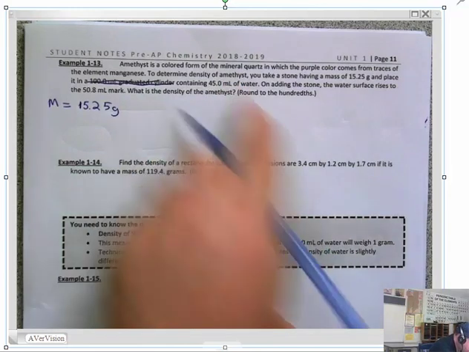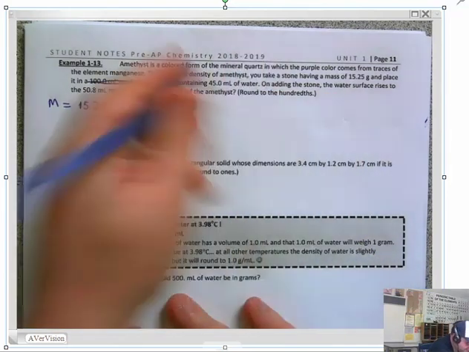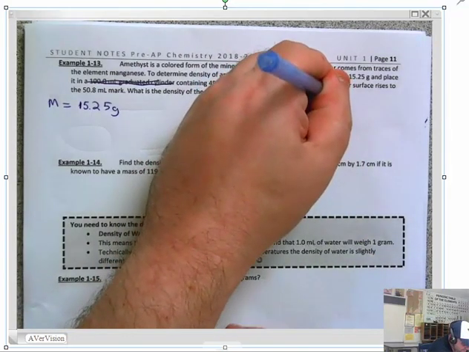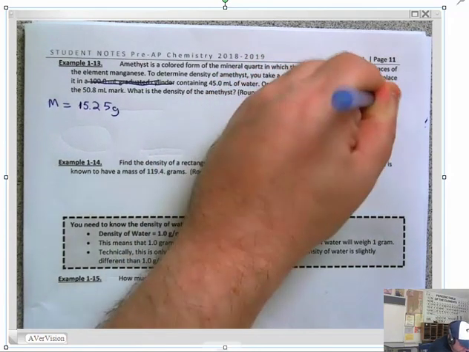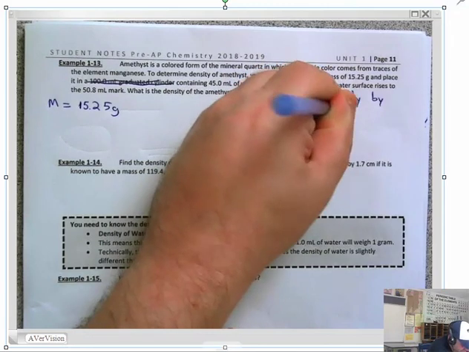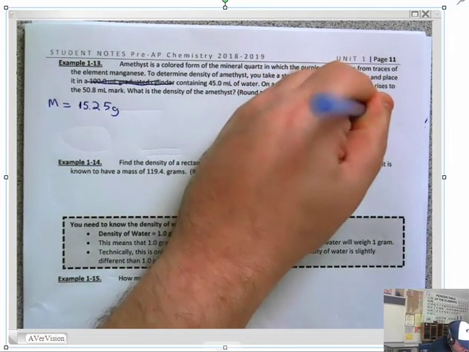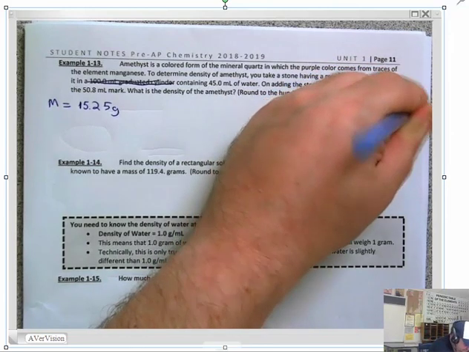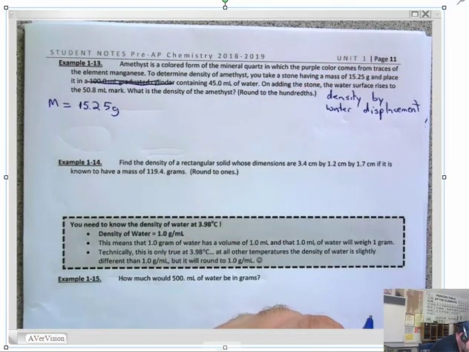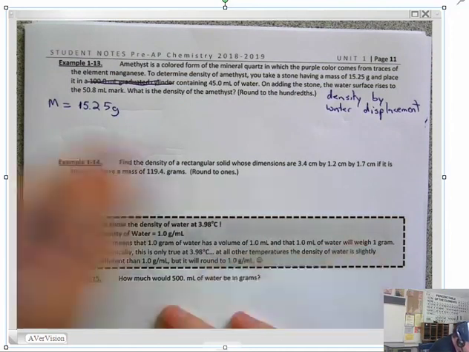Well, that's the water. After adding the stone, because this is density by displacement. By water displacement, nonetheless. The volume raises to the 50.8 mark.